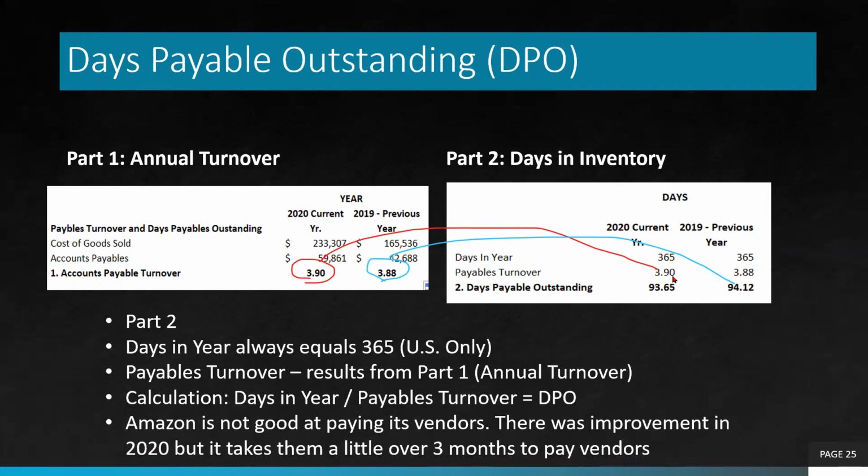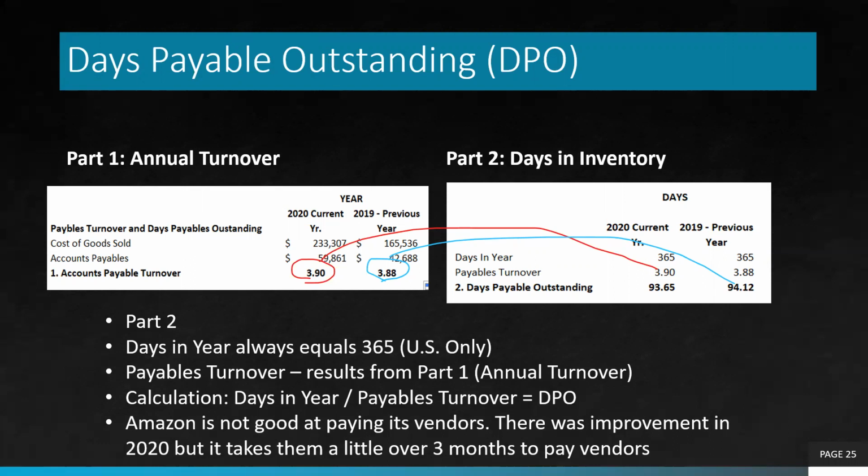You take the 365, you divide it by the 3.90, and it comes out to 93.65. So on average, it would take Amazon 93.65 days to pay its vendors, a little over 3 months. And it's a slight improvement from 2019 to 2020.